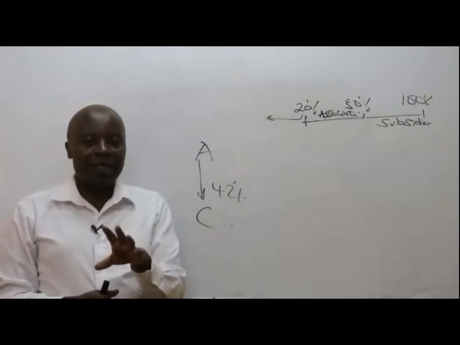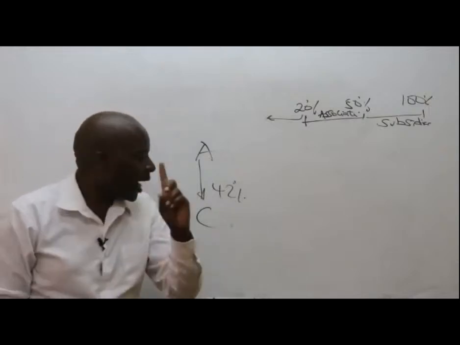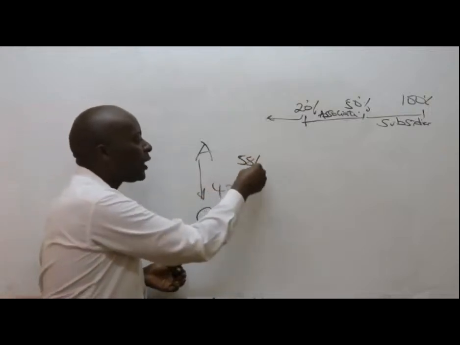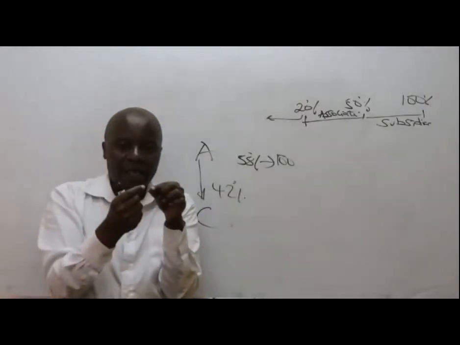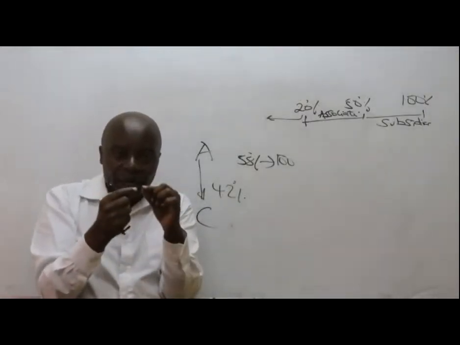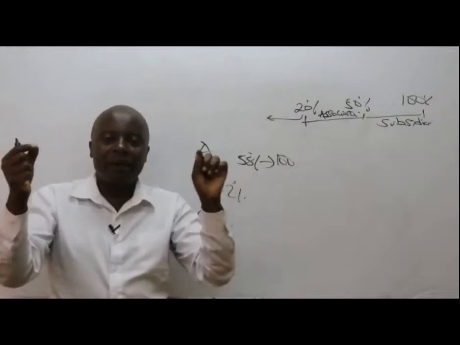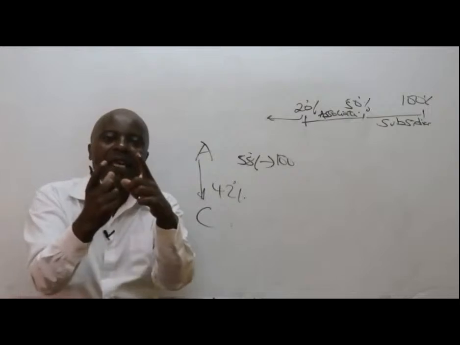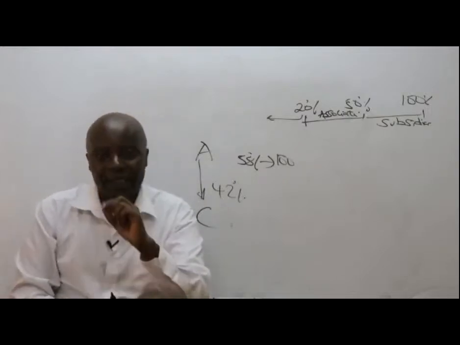But what if you are told that the other 58% of the shares are held by 100 shareholders, too many, with the 58% equally distributed between those 100 shareholders, and then you as A hold the 42% all as one investor.